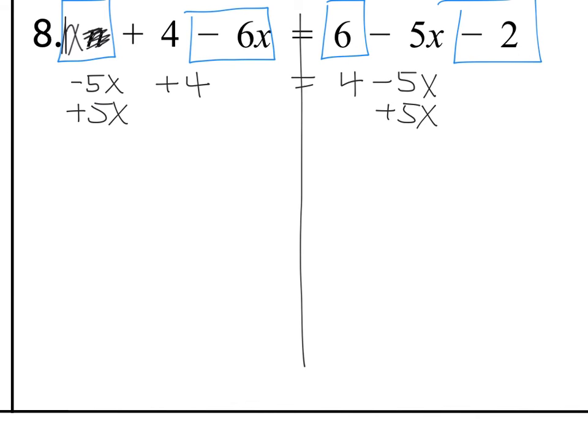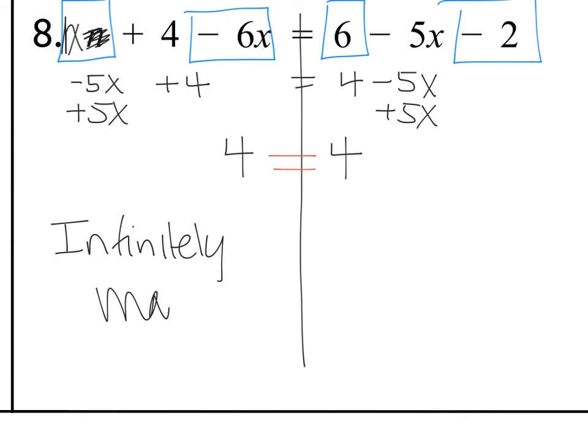What remains on the left is 4. What remains on the right is also 4. That happens to be the same number. So you have infinitely many solutions. That is part of the question, so you need to have that written down or you will indeed lose points.